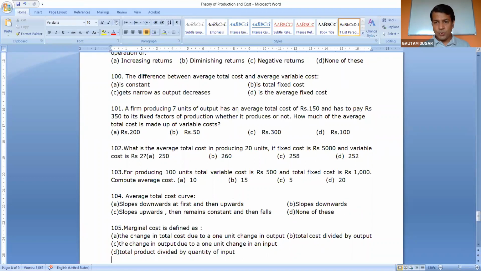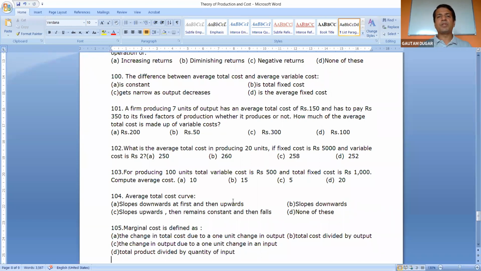So people are saying 252. The right answer is 252. Logic is very simple.